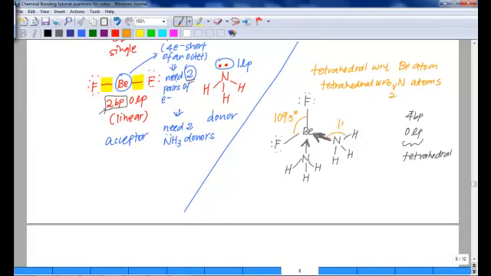So this one is 109.5, this one is also 109.5. Okay, so these words in orange, you don't need them. You only need the structure, but it will be good to know all this. I mean, in fact, you need to know all this.